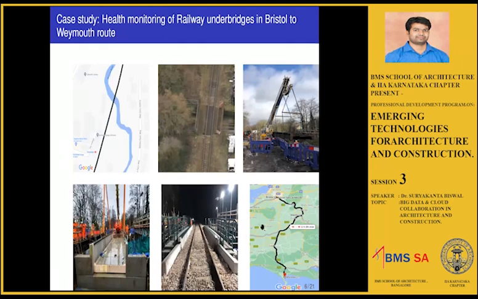To identify the remaining life, we have the codal provisions. The codal provisions are mainly made for cast iron and structural steel. But these bridges were made of wrought iron, so there is no codal provision.